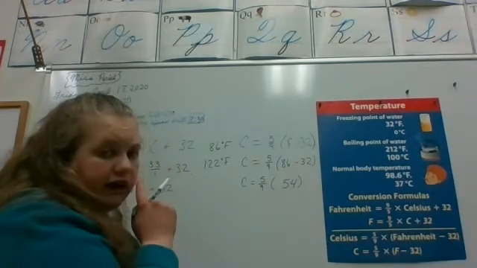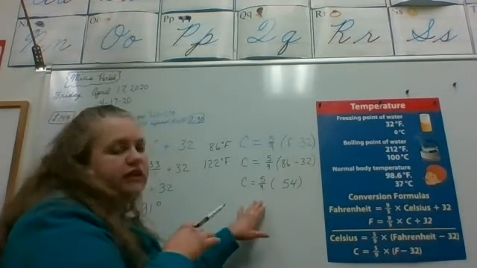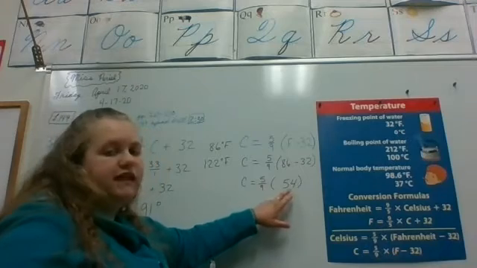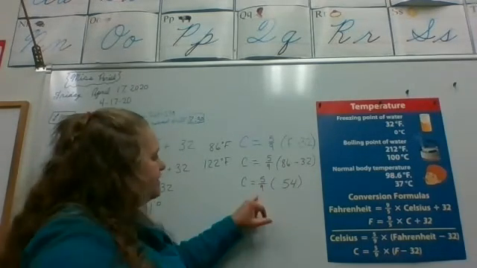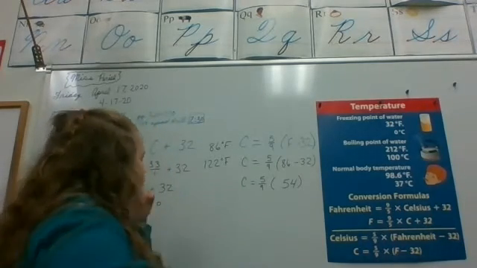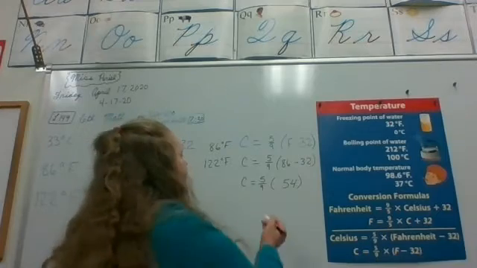A lot of times, especially with these first few ones, they're going to give you this, but check to see if this number is divisible by 9. Because if it is, then you can cancel like we did with the 5s at the beginning. When we were doing that one, we could cancel with the 5.